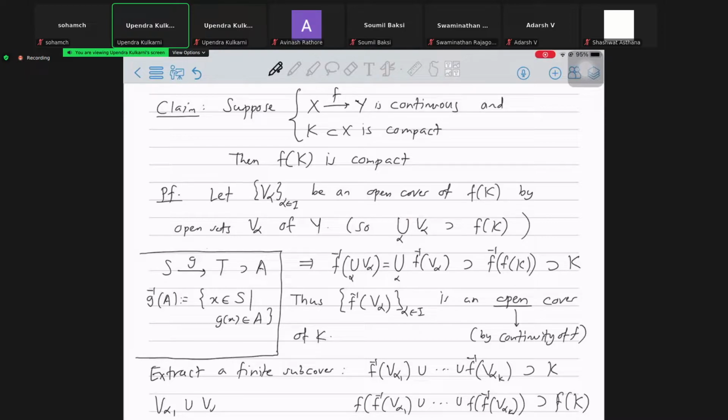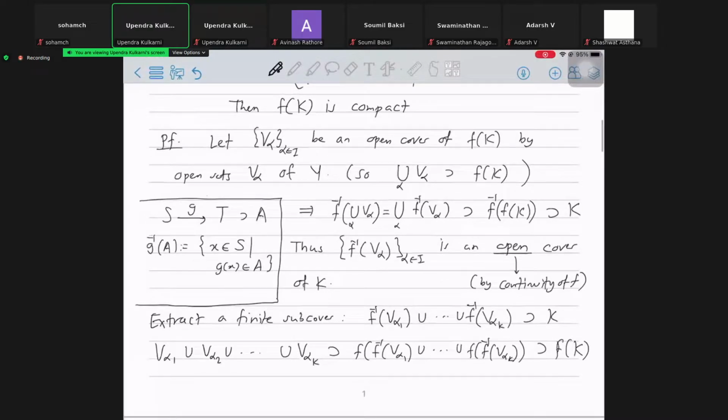So V alpha 1 union up to V alpha k contains this. So you see, if you look at the first term and the last term, then we are done. Recall what we wanted to achieve. The V alphas covered f of k, and I wanted to find finitely many of them that covered f of k. So I have done that.